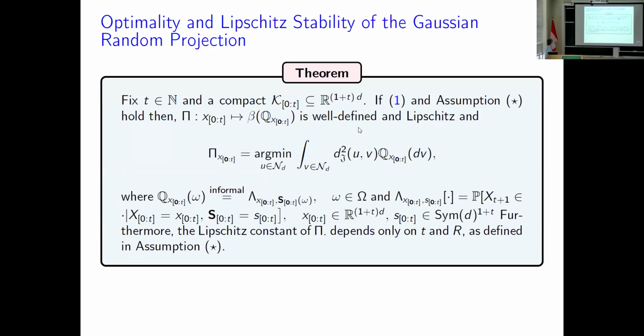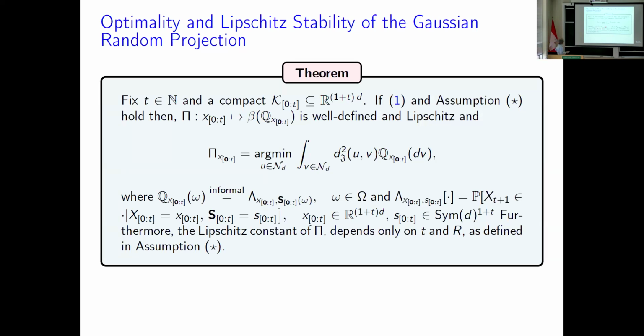Now, equation 1 is the dynamics for the Volterra process, okay? And we need this assumption, a strong assumption on the boundedness of the stochastic factor. So this map that takes this path from 0 to T, and remember that this is the barycenter, is well defined and Lipschitz. This is an informal definition. Why? Because if S is deterministic, the distribution is Gaussian, so in some sense we need to randomize this measure.